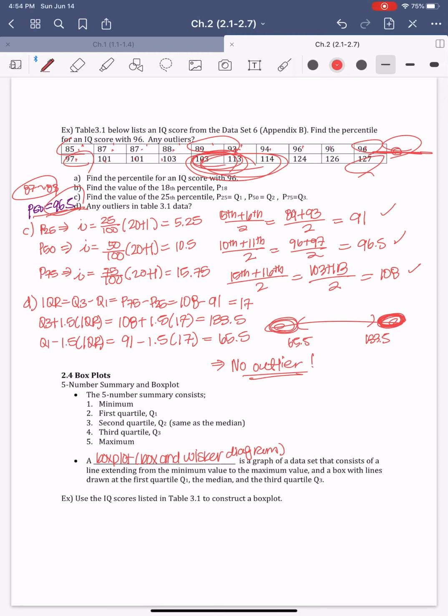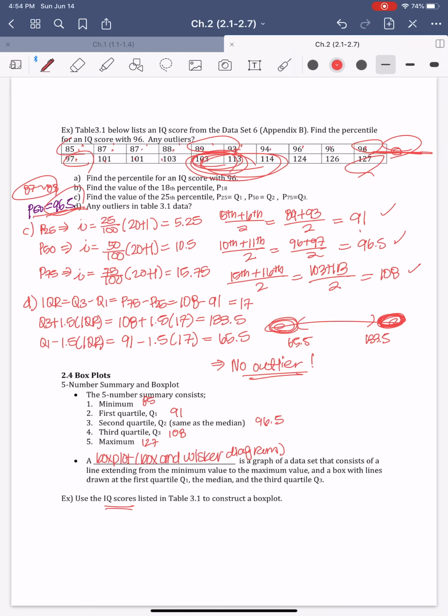Okay, so let's use the IQ scores that we've been using in table 3.1 and create a box plot. We already know all these numbers. Minimum value 85. We got Q1 already from part C as 91, then 96.5, 108, and the maximum value 127. This is pretty easy.